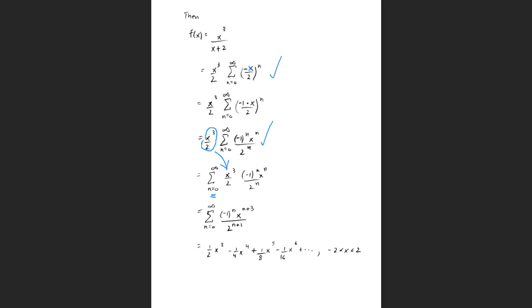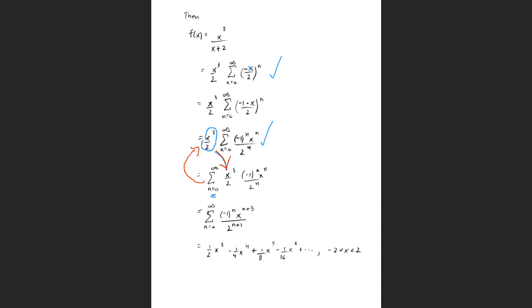Put it this way: from your knowledge of power series, you'd have no problem taking x cubed over 2 and factoring it out in front of the summation. So why can't you go the other way? We want to do that because this will allow us to simplify things.